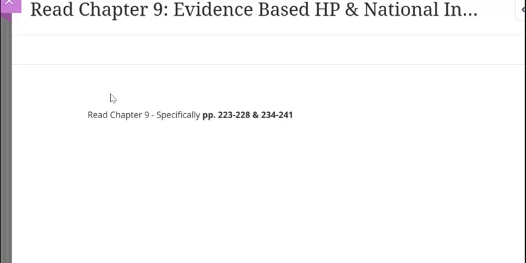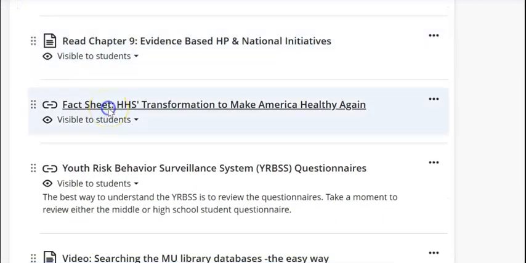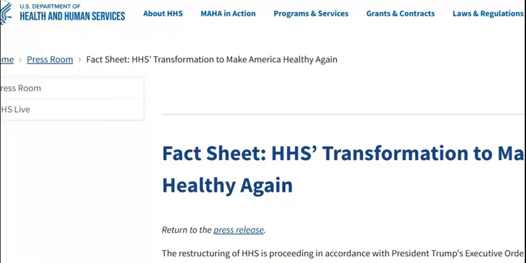Then we're going to go on and look at the United States Department of Health and Human Services, HHS. And there's a lot of change going on, and let's look at that a little bit further. So you've got a fact sheet about HHS, and that stands for Health and Human Services.